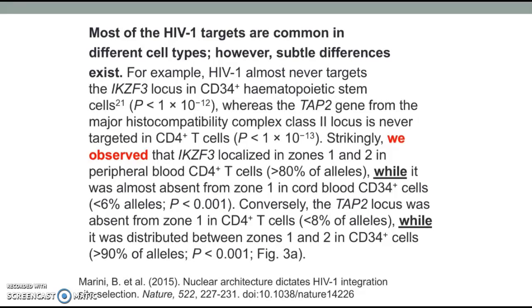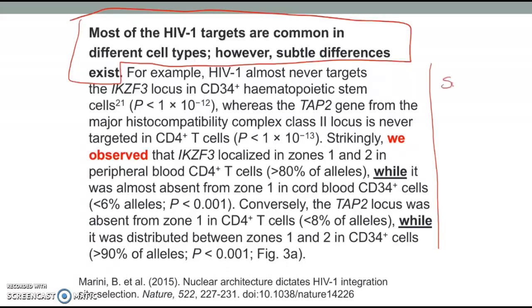So I've highlighted the first sentence, the topic sentence, here in bold. "Most of the HIV targets are common in different cell types. However, subtle differences exist." As a reader, I'm being prepared by the writers to expect the rest of the paragraph to be about the subtle differences of these HIV targets in different cell types.